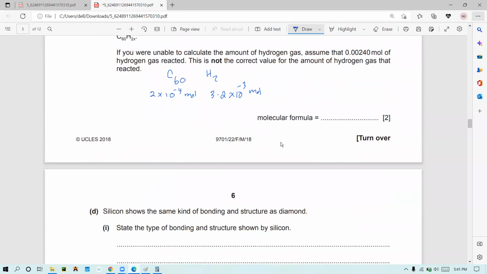Smaller one is this. So to find the mole ratio, we divide both by 2 into 10 to the power negative 4.